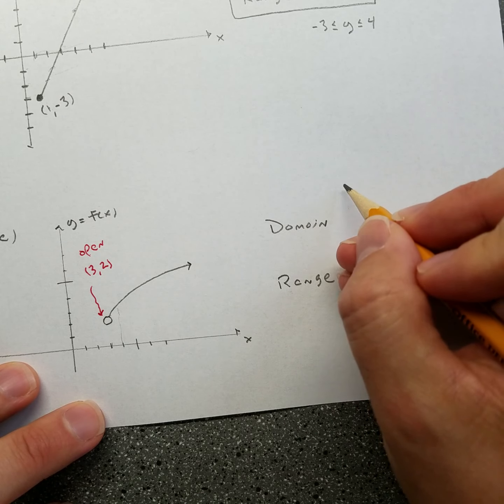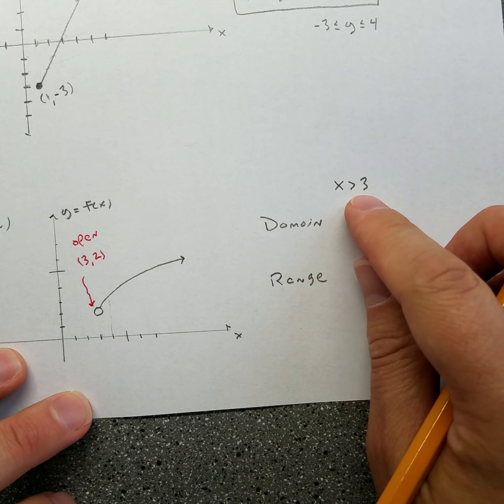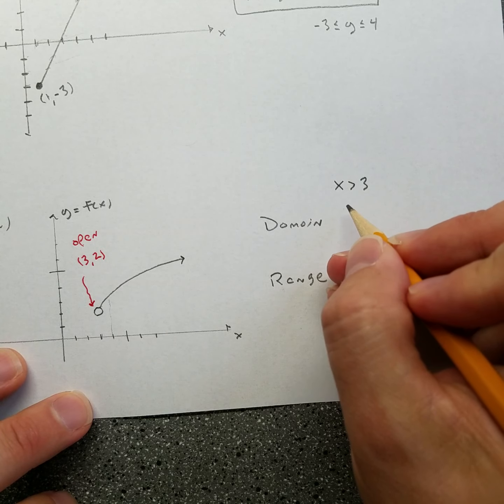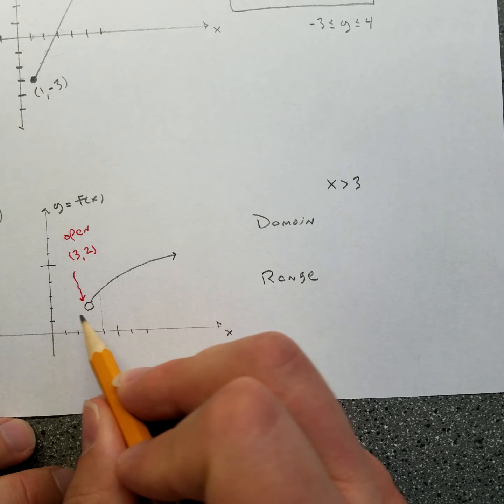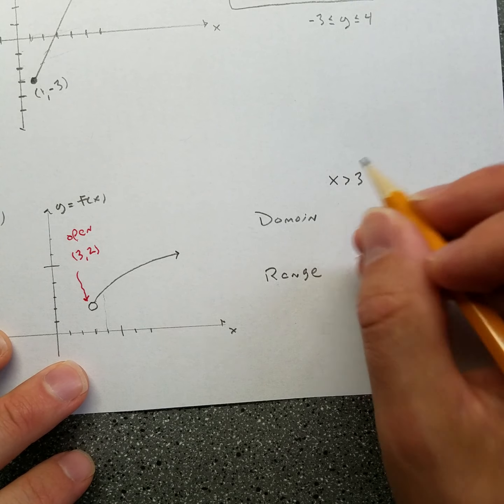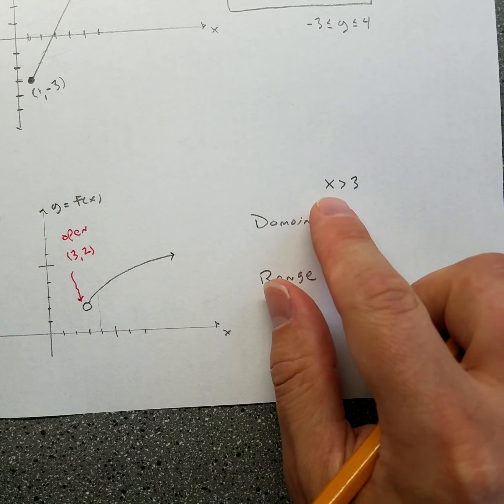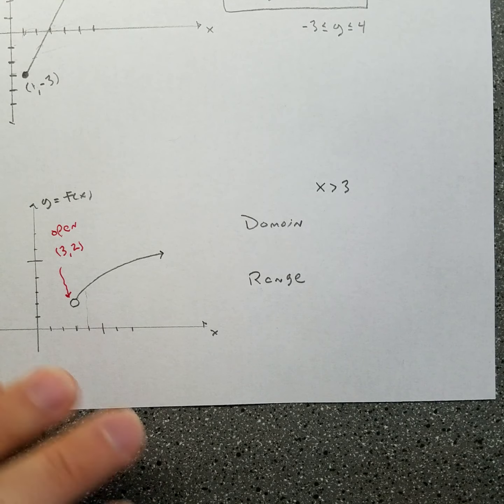Here's what the possibilities for the x are. X is greater than 3. Did I put greater than or equal to? No, I just put greater than. This 3 is not included. You could say this was the domain, just the fact that x has to be bigger than 3.